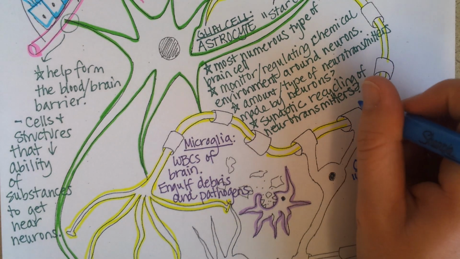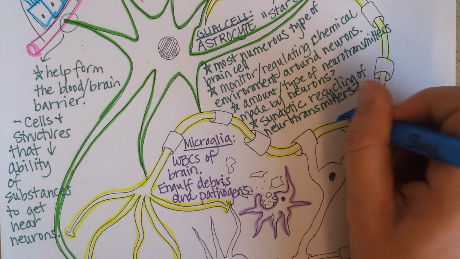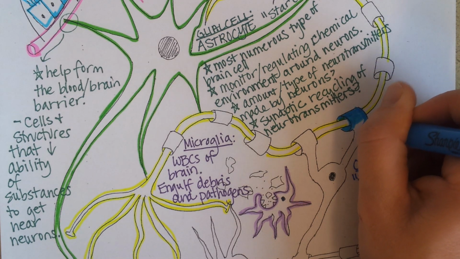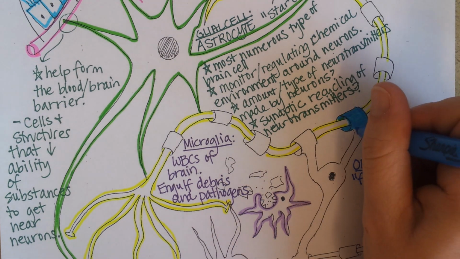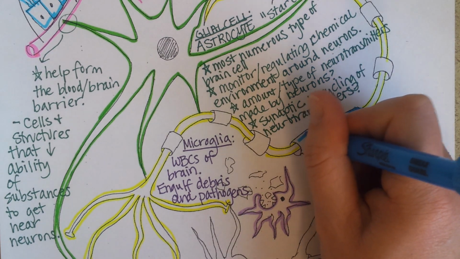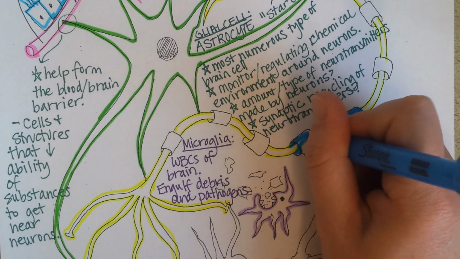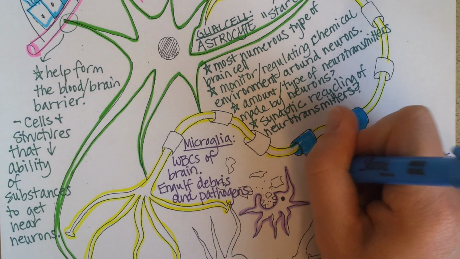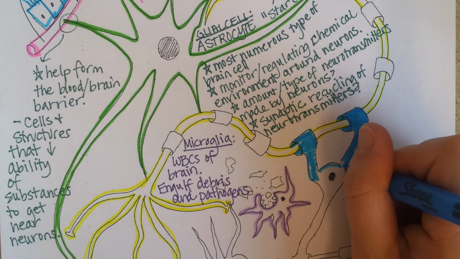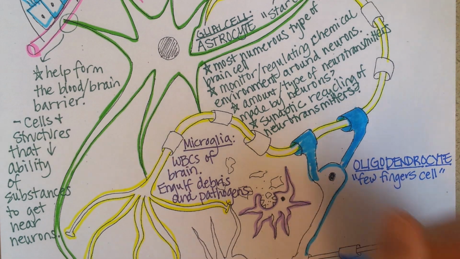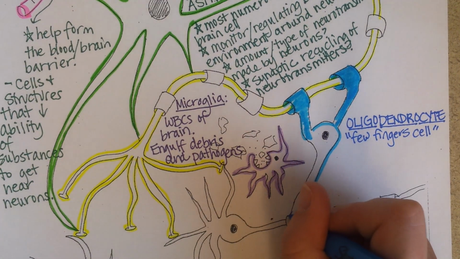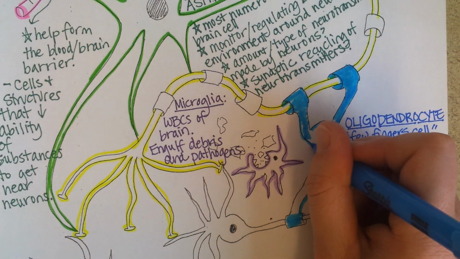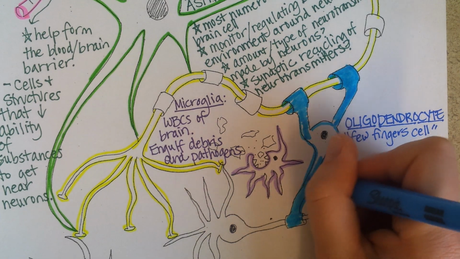So this picture shows you a hint of what these oligodendrocytes are doing. Do you see how their projections wrap around the axon of the neuron? And then down here, they're actually wrapping around another neuron.